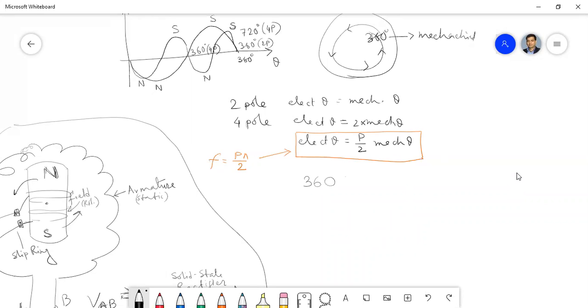Now, if we complete one electrical revolution of 360 degrees, what is the mechanical revolution? Mechanical 360 degrees will be there. So this is one complete revolution, isn't it?